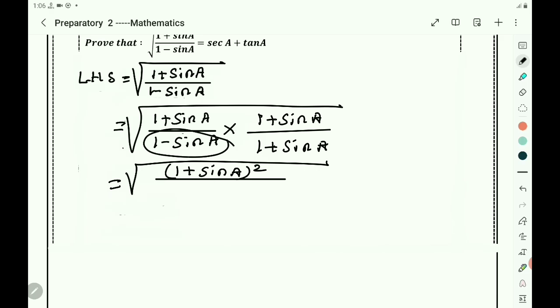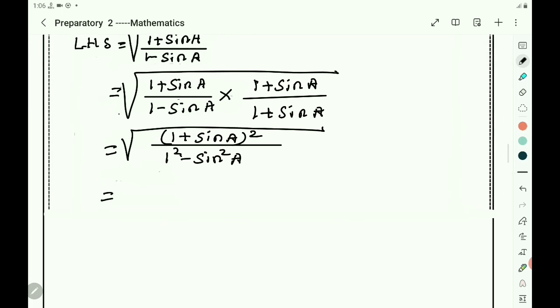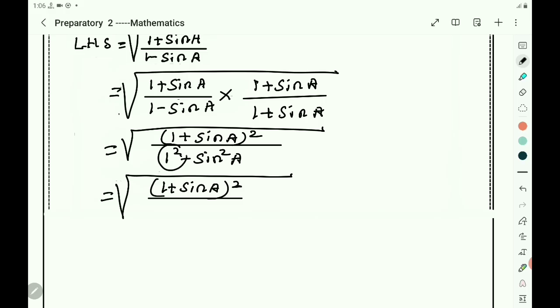Here we have to use the identity A minus B into A plus B, which is 1 square minus sin square A. Write 1 plus sin A whole square as it is, and 1 square is 1, 1 minus sin square A is cos square A.